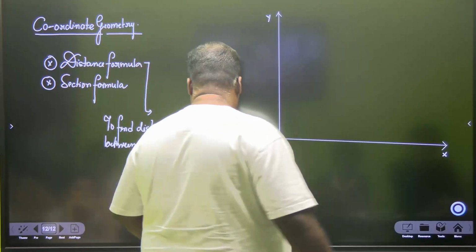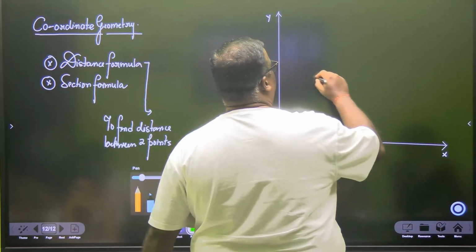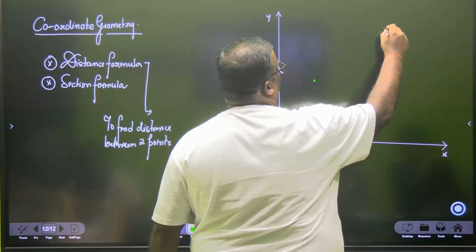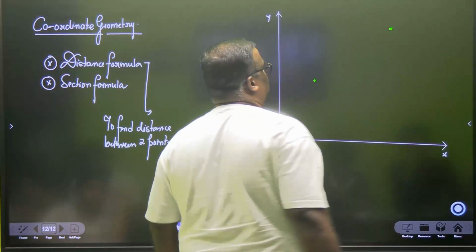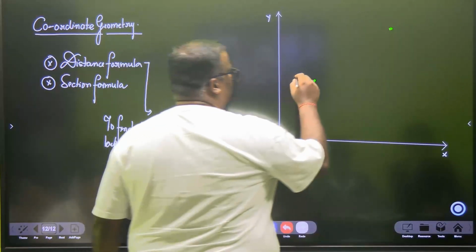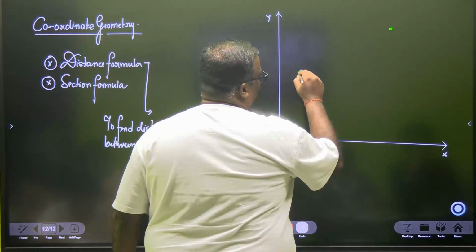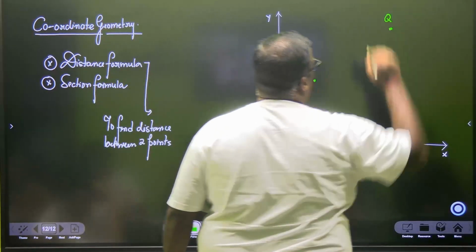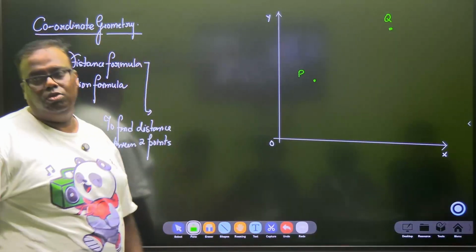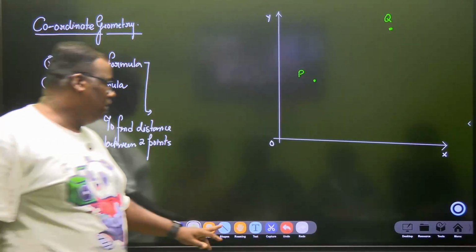So what I do, I first take my 2 points. Obviously people love to give the letters P and Q, so P and Q are my 2 points. Now P and Q will definitely have some coordinates, right?